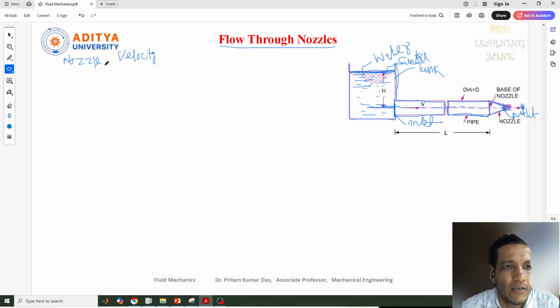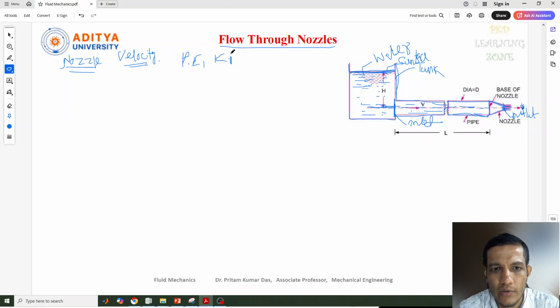I already told you the applications of nozzles, why nozzles are required to increase the velocity, and how the velocity is increased. Now, what energies are there in this fluid? All these energies are going to be converted to kinetic energy. In this fluid flow we have pressure energy and kinetic energy.